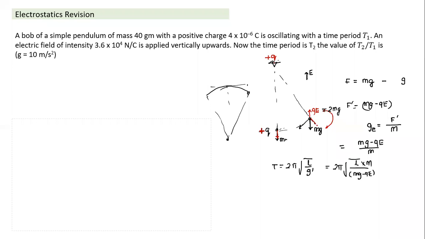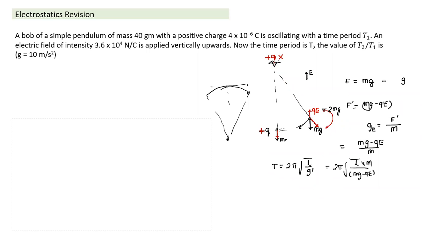It doesn't have any perpendicular component. Unlike gravitational force, its direction is always along the string, so it will not have a restoring component. This will not alter the time period.